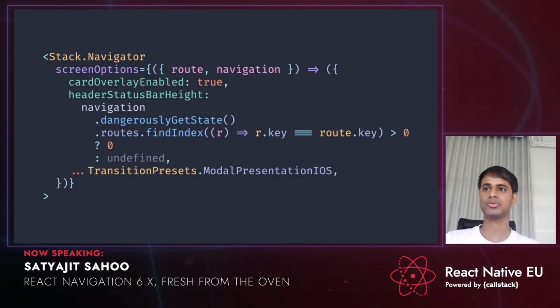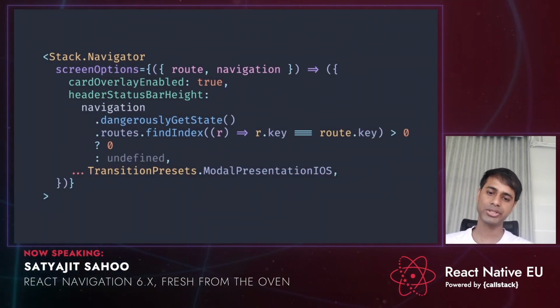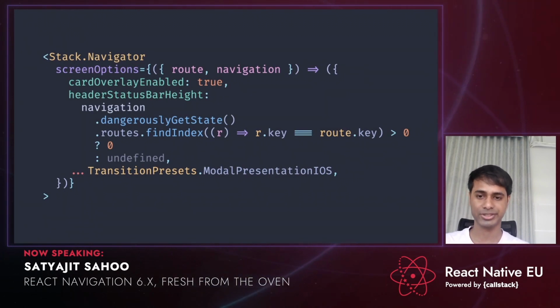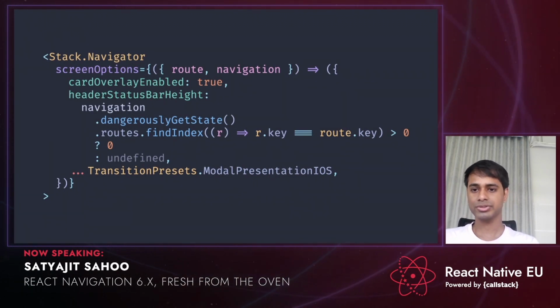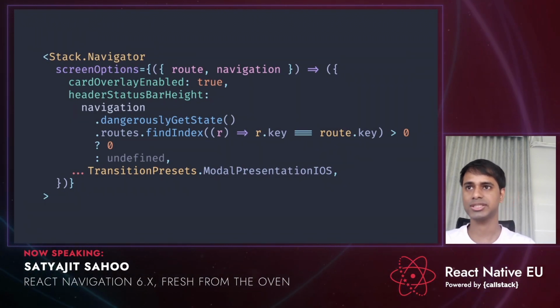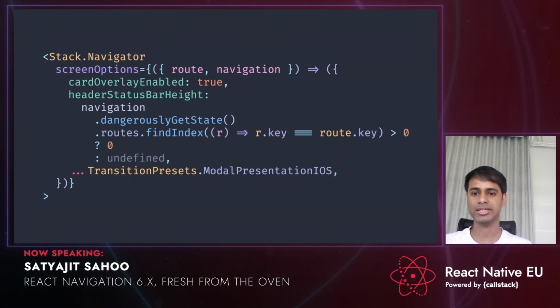So one example of this was the modal presentation style. We introduced this in React Navigation 5 and also in React Navigation 4 with React Navigation Stack version 2. To use it, you had to specify the animation with the transition preset, and you had to specify cardOverlayEnabled to true.